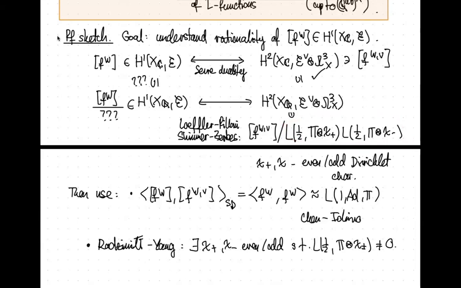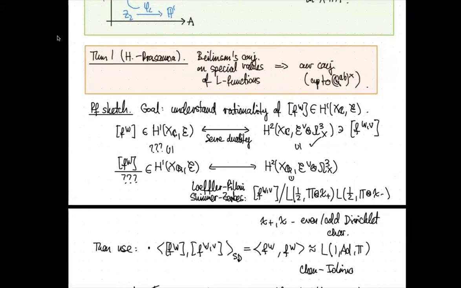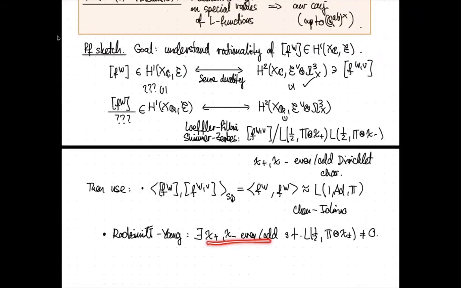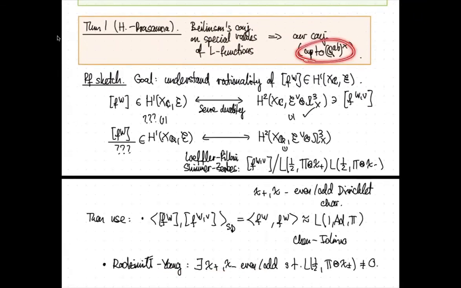And indeed, they prove that there exist some characters for which they're non-vanishing. The reason this factor up to Q-bar cross comes up is that these characters could have arbitrary order, so they could introduce some roots of unity in their values. If we knew a stronger result, for example, that there exist quadratic characters, which is known for GL2, then we could remove this as well.